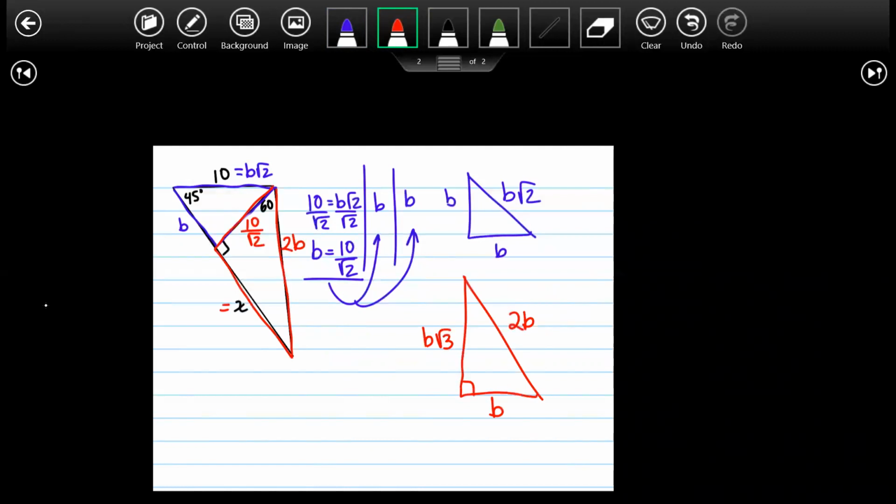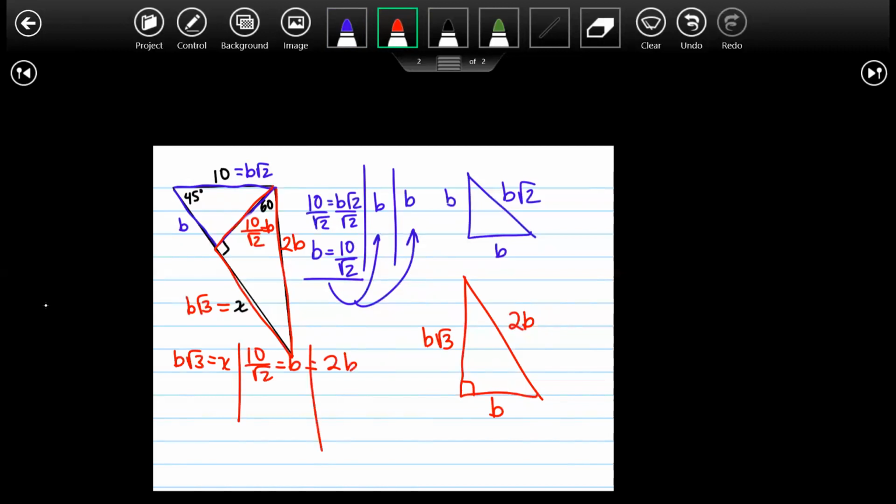That means x is going to be equal to b radical 3. That means 10 over radical 2 is going to be equal to b. If we set them up down below, I get b radical 3 is equal to x. I get 10 over radical 2 is equal to b. And 2b is just there. There's nothing really we need to do with that.